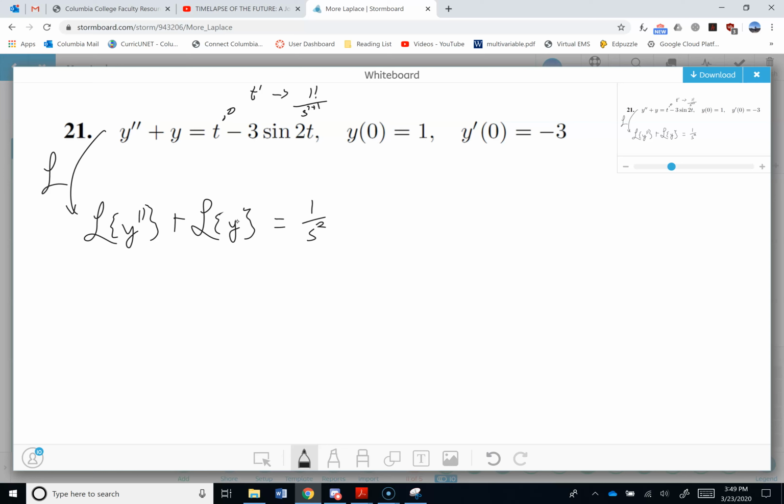And then I have minus 3 times, and then this should be the Laplace transform of sine of 2t, which is going to be a 2 over s squared plus 2 squared, which is 4. Everybody good there?